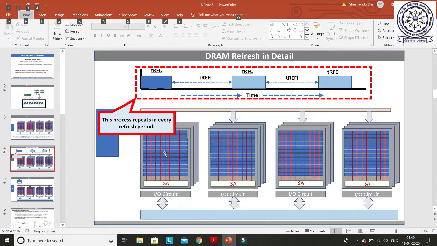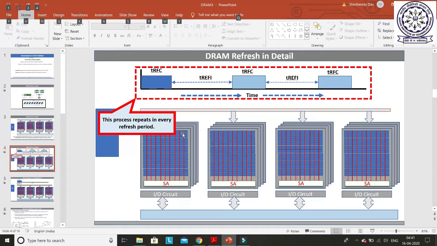This is called a rank structure. During refresh, forget about the non-blocking concept that I explained. Without non-blocking, in the normal scenario, if we are refreshing this row here, then the same row will be refreshed in all other chips as well as all other banks. This is how the refresh is performed.